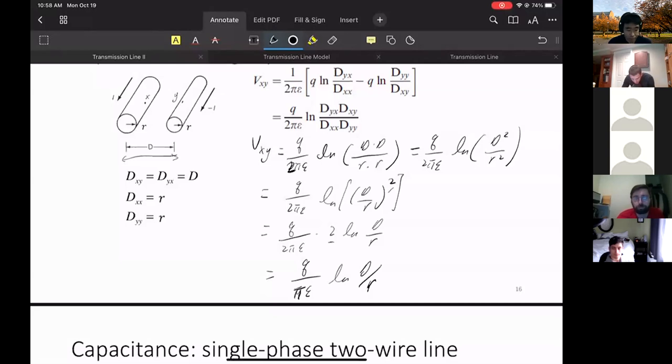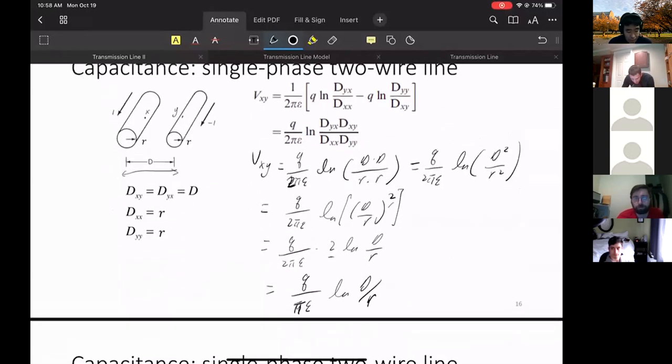These are good questions. So the thing to remember is we're always measuring potential difference between wires. We don't care about the potential difference between some random two points in space, because we're trying to do a circuit model where the things in the circuit model are transmission lines.